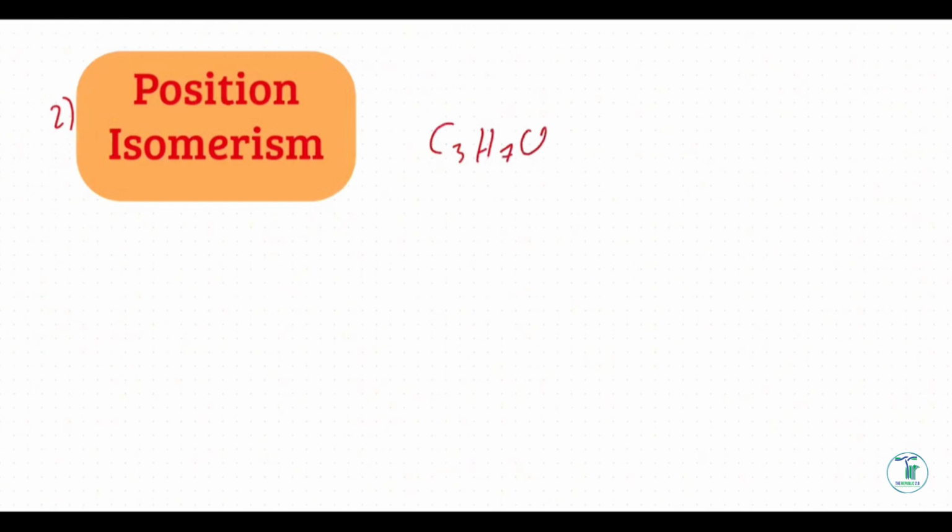This is an organic compound having 3 carbon, 7 hydrogen, and 1 chlorine. Because of the change in position of the chlorine, it will make different compounds. This way, it will make CH3, CH2, CH2, and Cl.